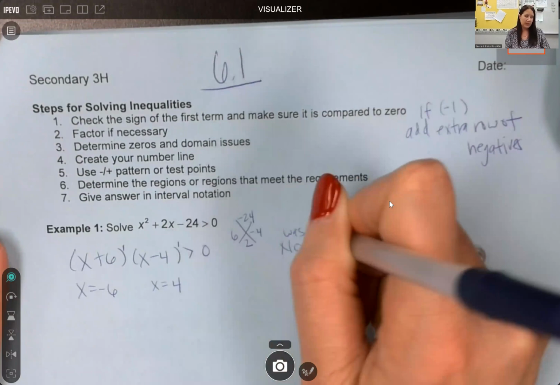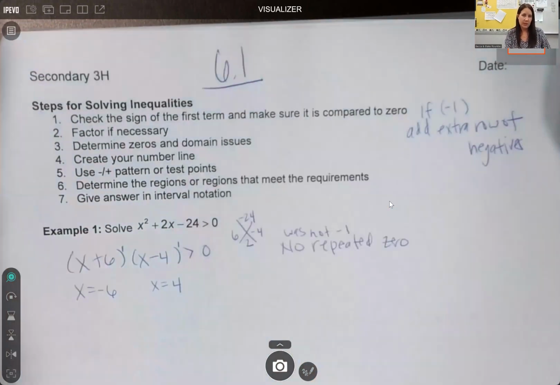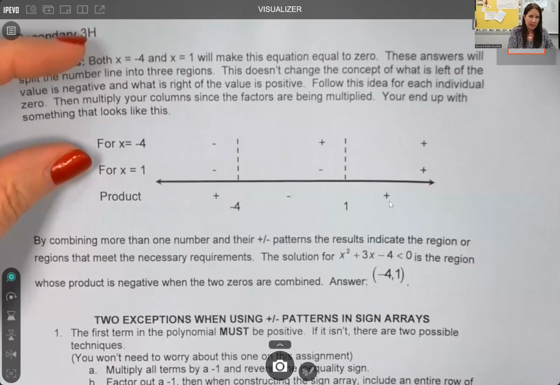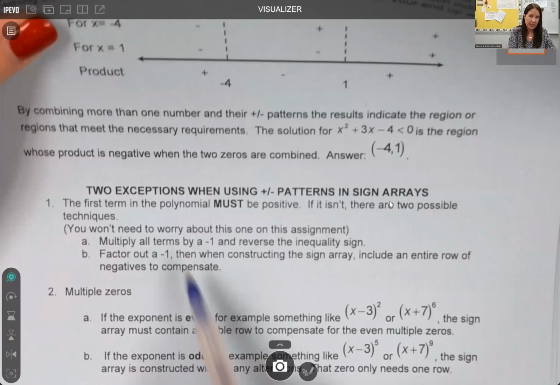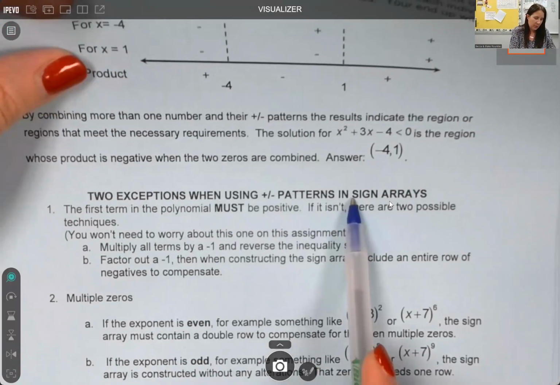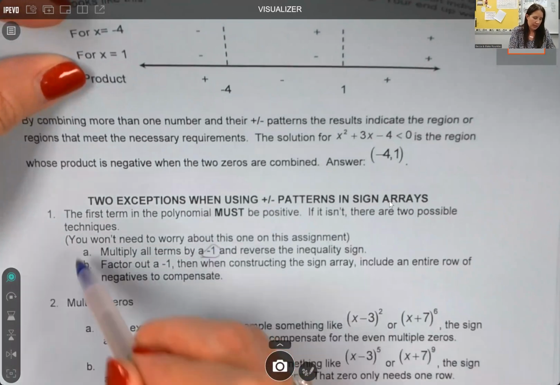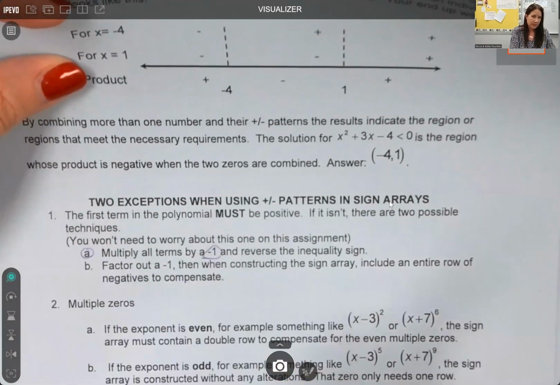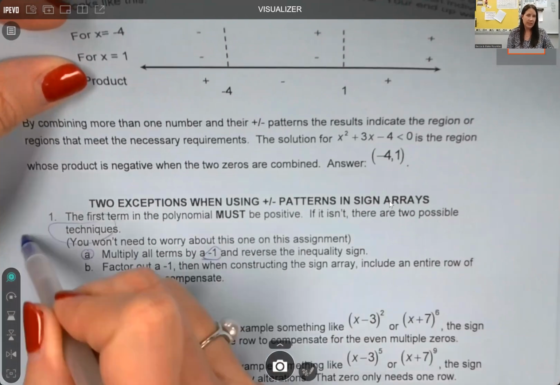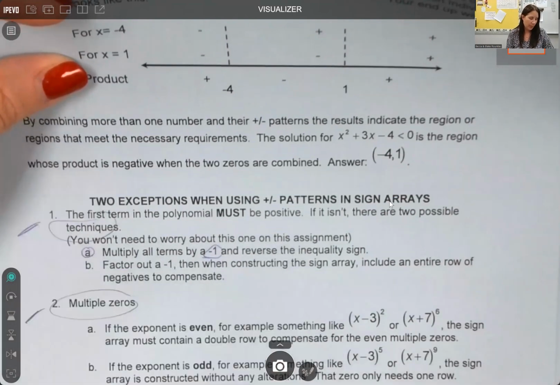The reason why I wrote those two things down is because if we turn this page over, right here it says there's 2 exceptions when using the patterns in sign arrays. The first one is if you have a -1, okay? And the second one is if there's multiple zeros. So these are our 2 cases that we have to watch out for.